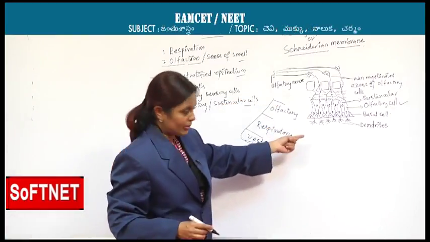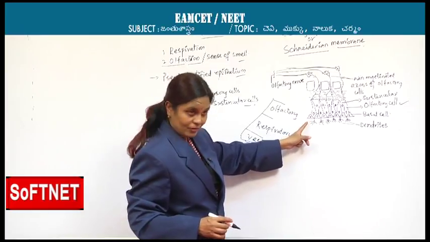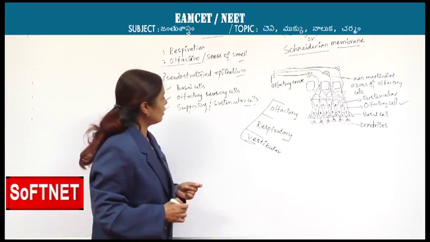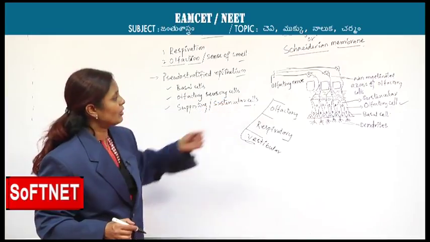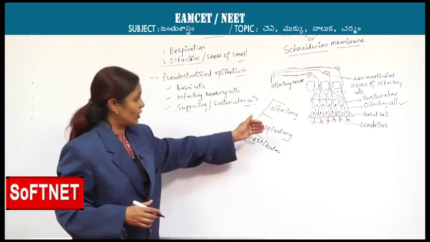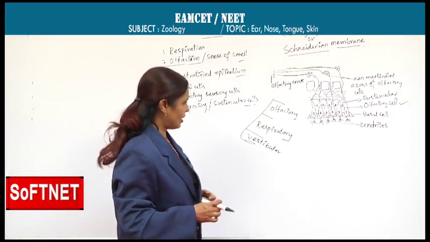You can look at this epithelium made of a single layer of cells, but looking as if it is made of 3 to 4 layers of cells. That is why you call it pseudo-stratified epithelium.